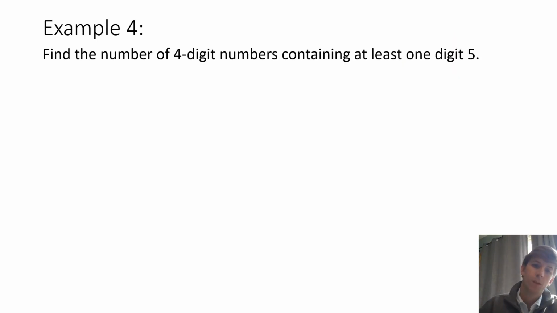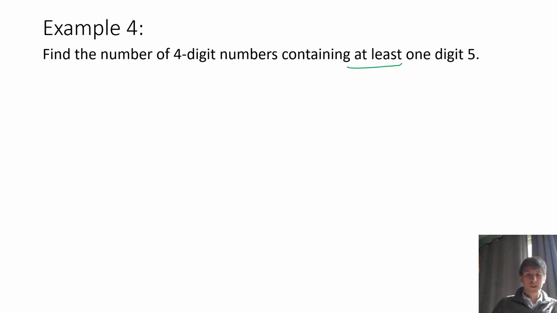All right, so this is an example of using that complement principle. We have: find the number of 4-digit numbers containing at least one 5. Let's work backwards here. Since I have that word at least, I'm going to want to use the complement principle.